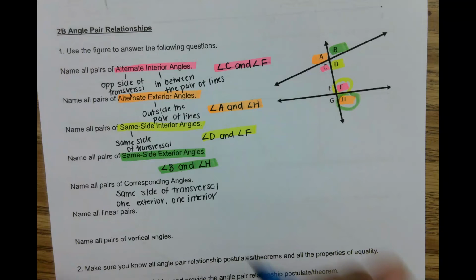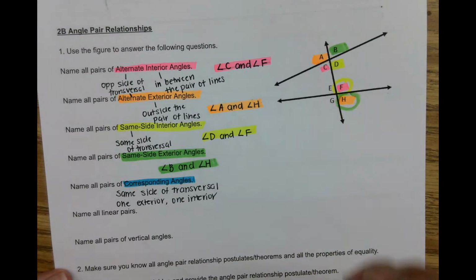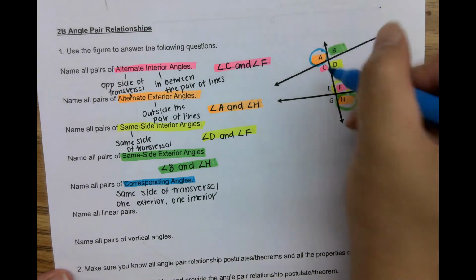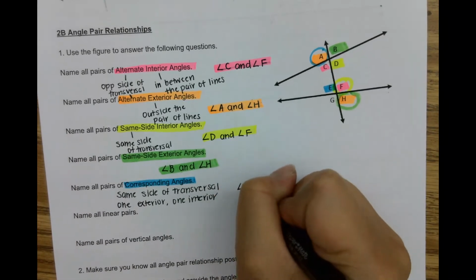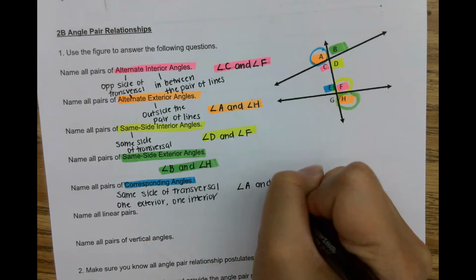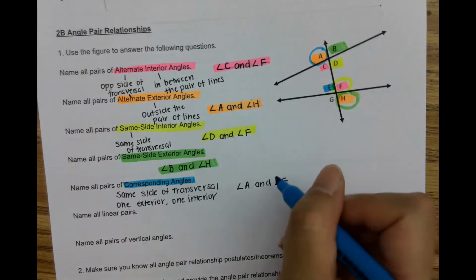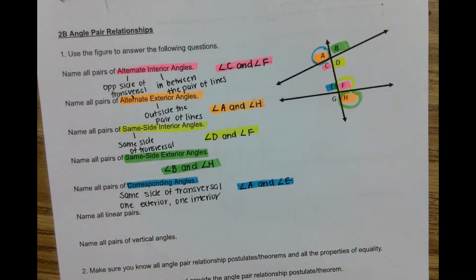Corresponding angles, an example would be angle A and angle E. There are a lot of examples here: angle A and angle E, angle B and angle F, angle C and G, and angle D and H. I'm just naming one of the pairs. You have to do all of them, though.